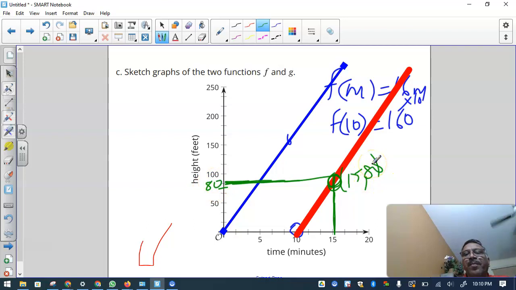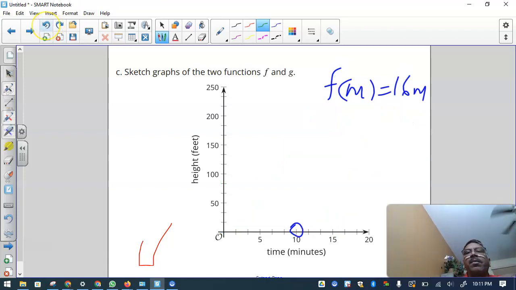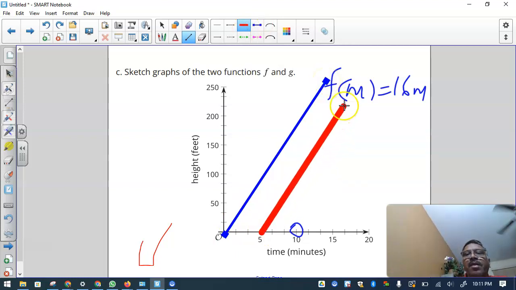The same will be that height. Oh, I made a slight mistake. The original one is this one, and the new one goes from 5. That's my mistake, I'm sorry.